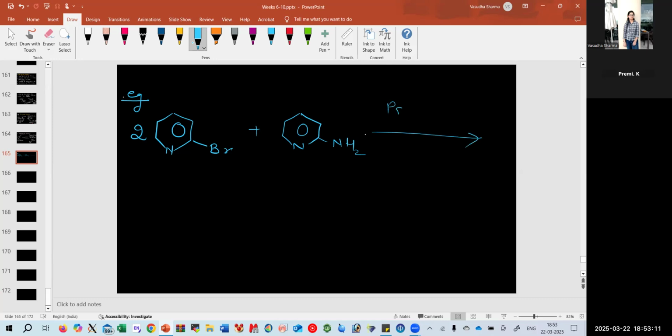In the presence of palladium acetate, the phosphine-based system, parallel ligand, sodium tertiary butoxide, 70 degrees, and toluene.